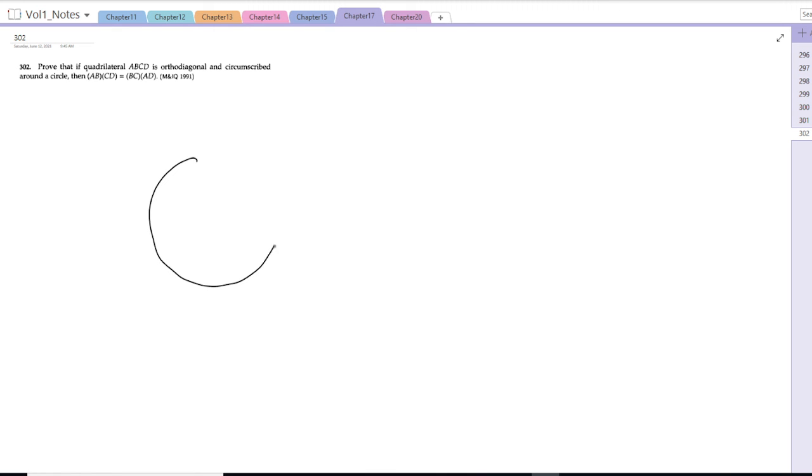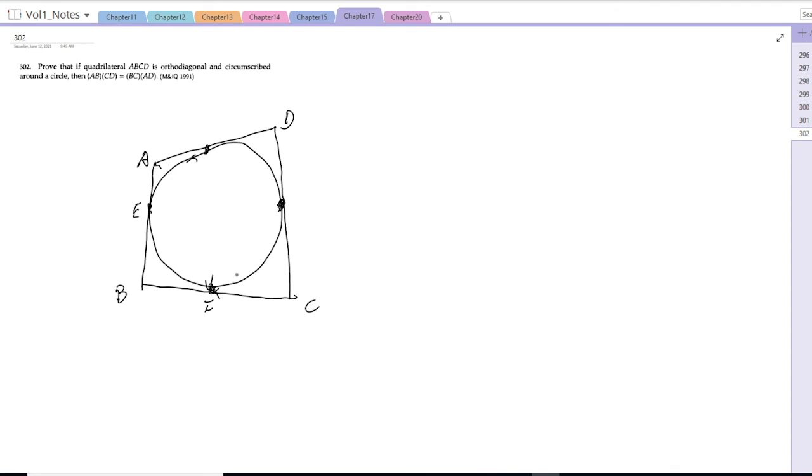So if we have a quadrilateral circumscribed around a circle, okay, let's see, these touching points are A, B, C, D, then E, F, G, H. Okay, then we connect the diagonals. Okay, then this is 90 degrees. I still want you to see that the result we did before is very important.